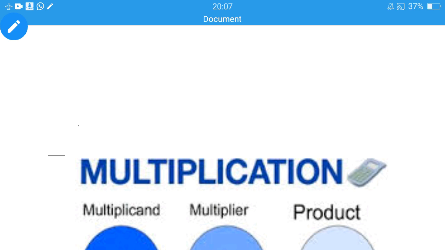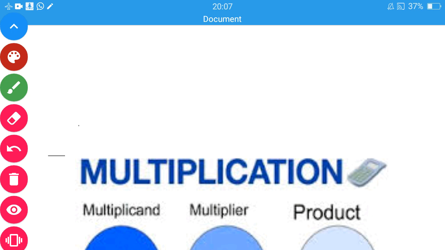So, what is multiplication? Multiplication is repeated addition. That means repeated addition is termed as multiplication. Repeat after me.